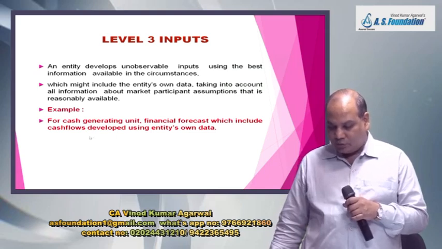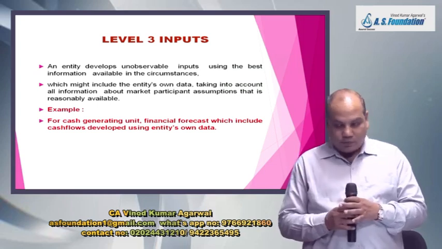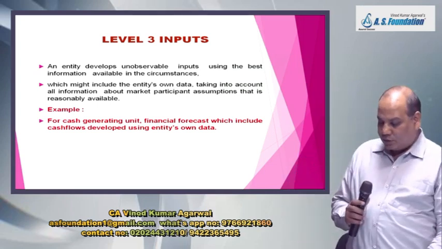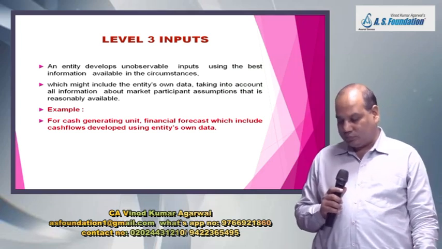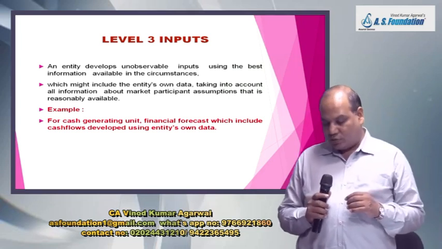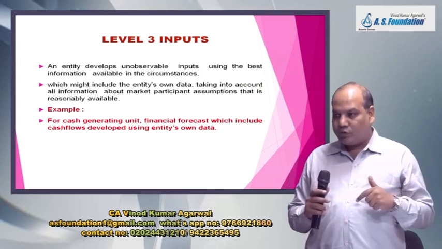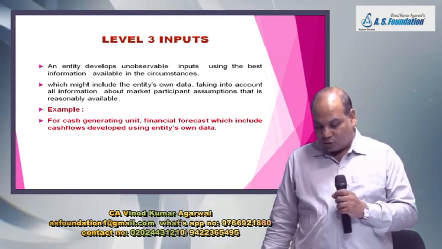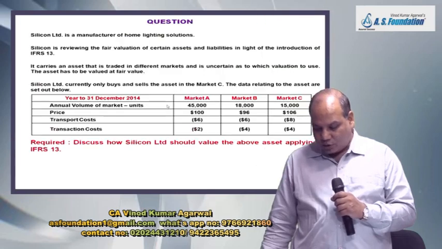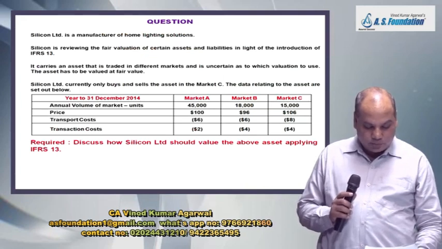Example, for cash generating unit, financial forecast which include cash flow developed using entity's own data. So to value the CGU, and suppose there is no level 1 or level 2 input, you will use the cash flow forecast by the management, discount it, and that will give you the value. So these are level 1, level 2, level 3 inputs.